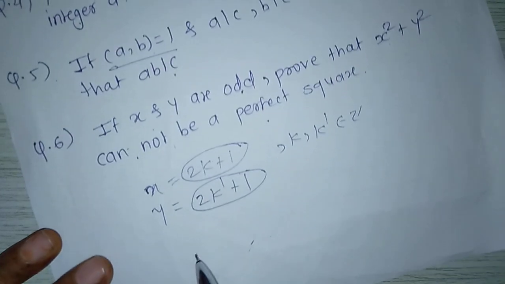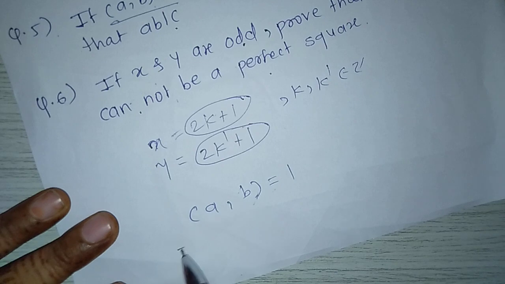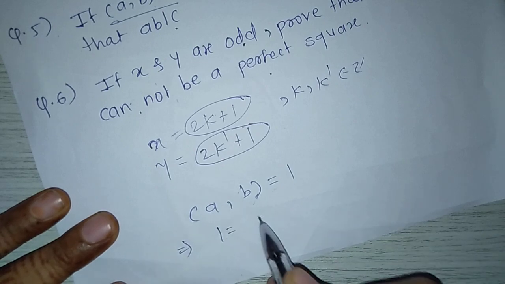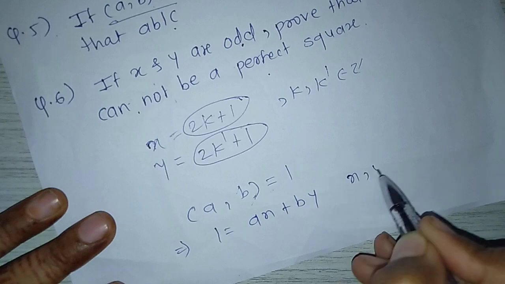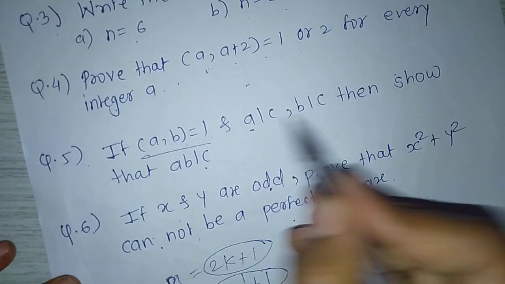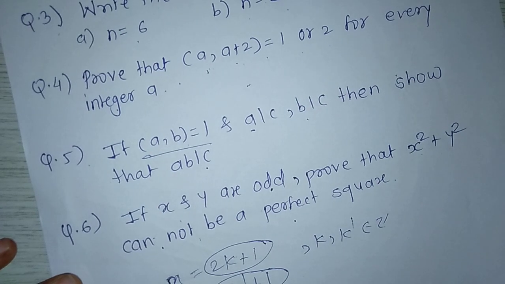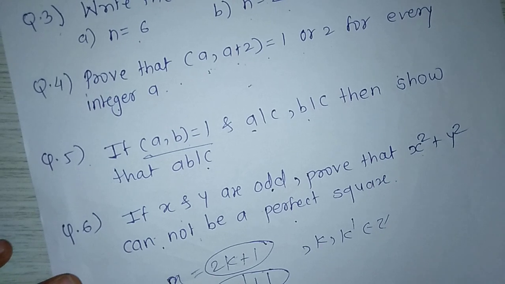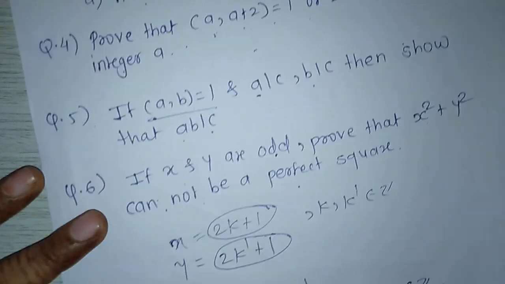Given GCD of a and b equals 1, we get 1 equals a times x plus b times y, where x, y belong to Z. a divides c, b divides c means there exist two integers such that c equals a k1, c equals b k2, where k1, k2 belong to Z. By using this, we get ab divides c.